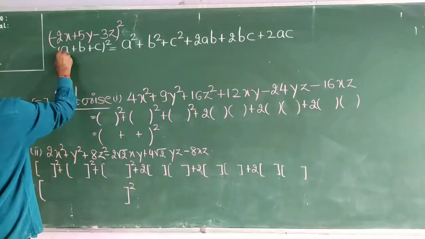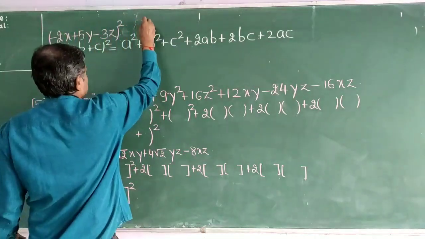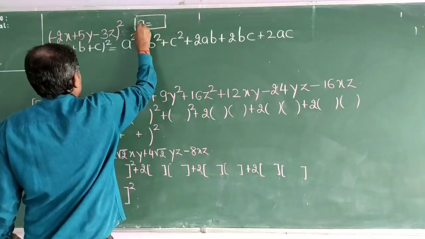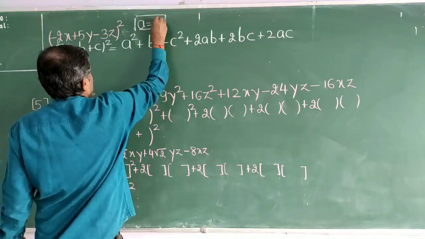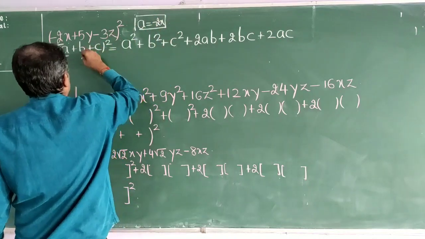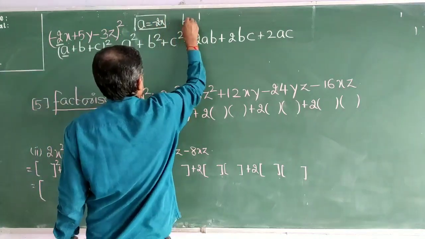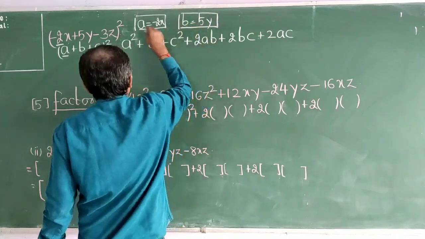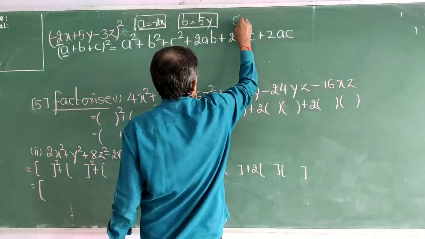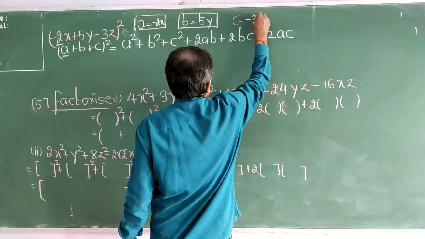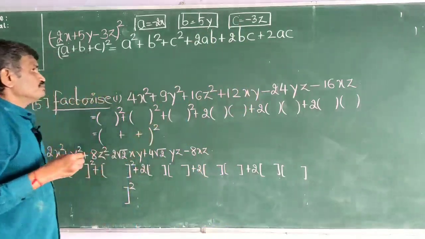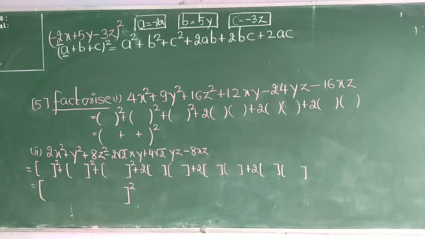Then I told you to note down the values of a, b and c. Suppose here I will note it down. a value is minus 2x, b value is 5y, c value is minus 3z, so I have noted down the values of a, b and c.